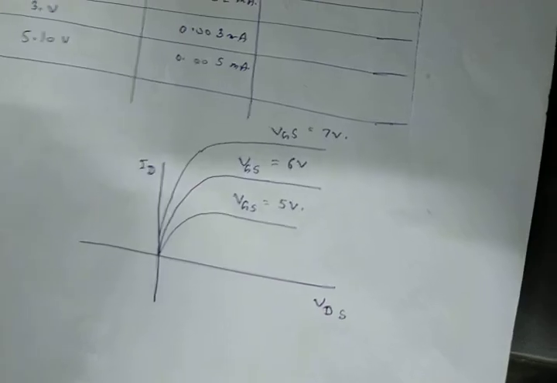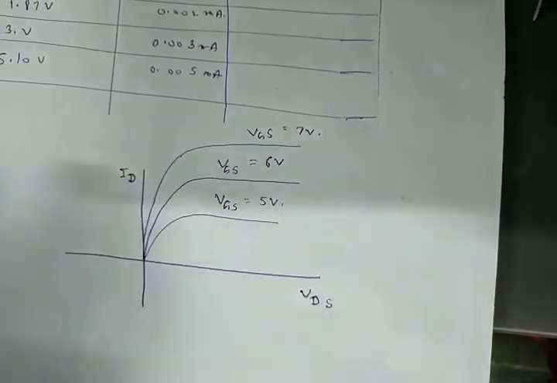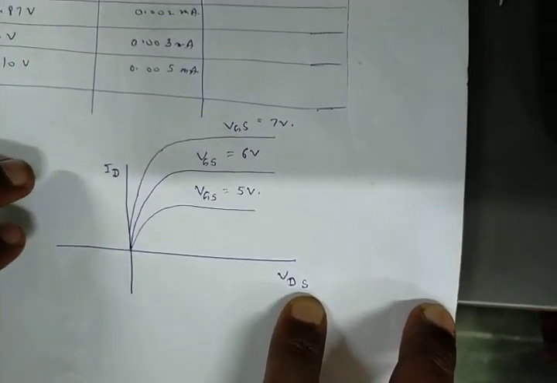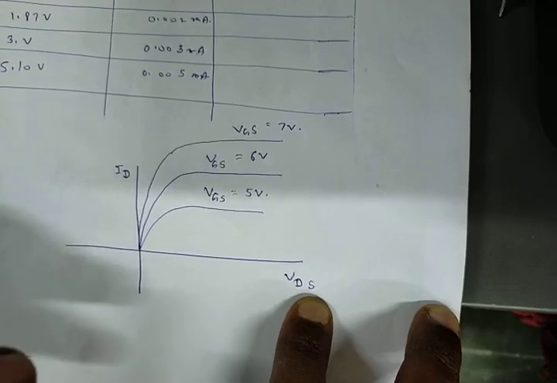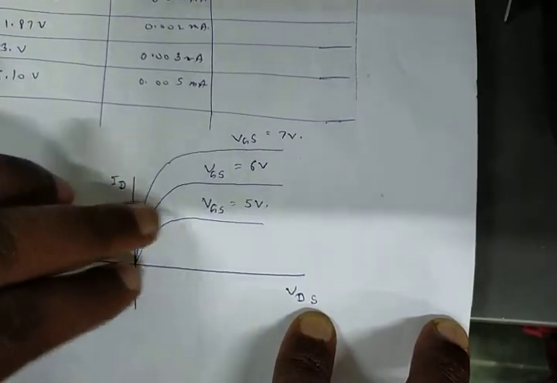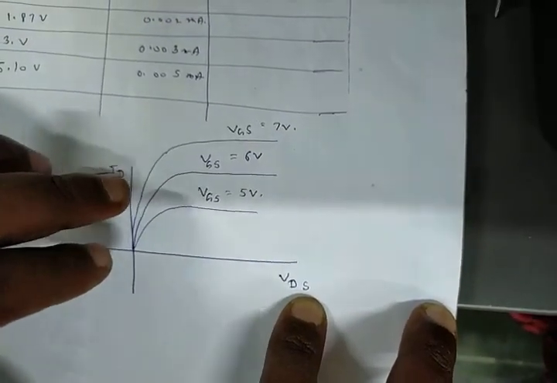Thank you. You will get this type of curves as we will draw the curves between the VDS and ID at different constant voltages of VGS.